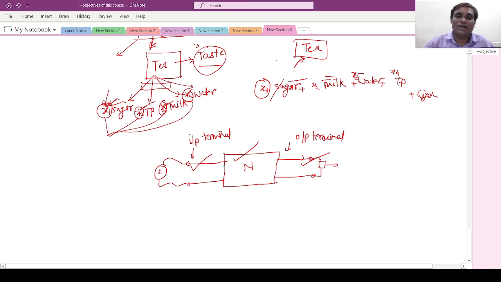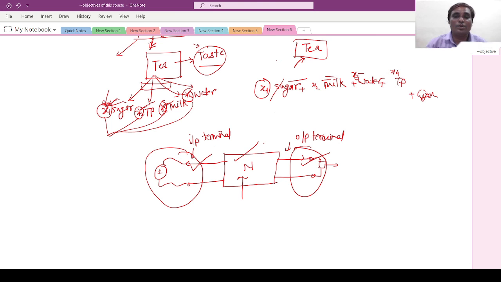And for synthesis, I should know the input and output, and I would like to obtain what my actual network will be, in the form of an input terminal and an output terminal.